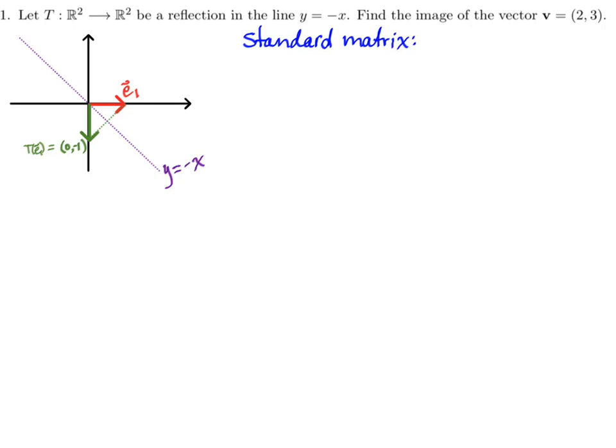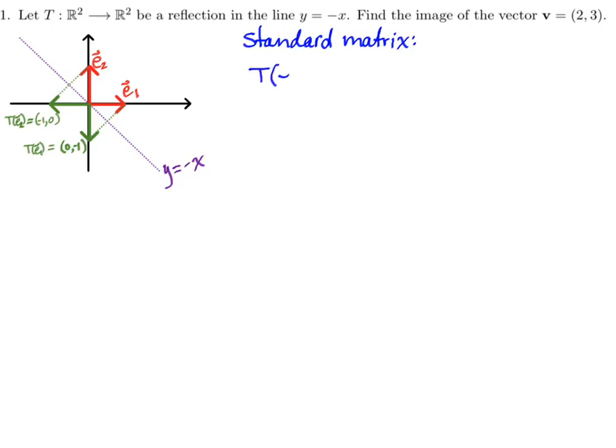So the components were 1, 0, and now T of E1 is going to be 0, negative 1. And then T of E2 was 0, 1, but that goes down, it was on the y-axis, but its image is going to be on the x-axis, and it's going to be negative 1, 0.